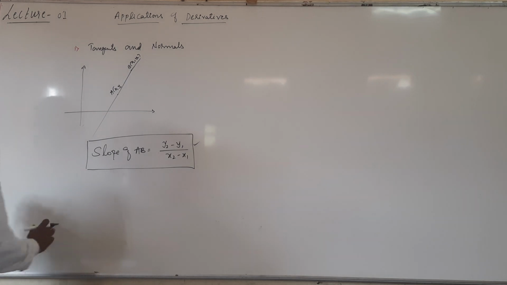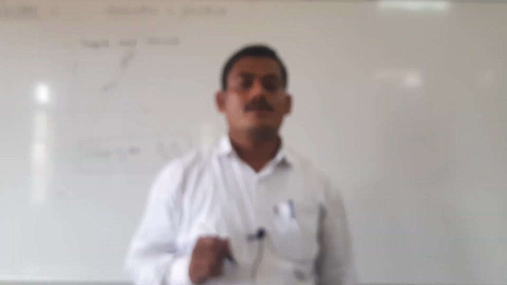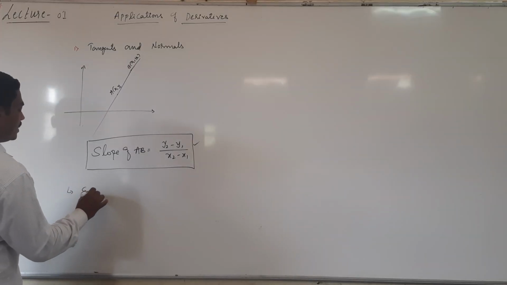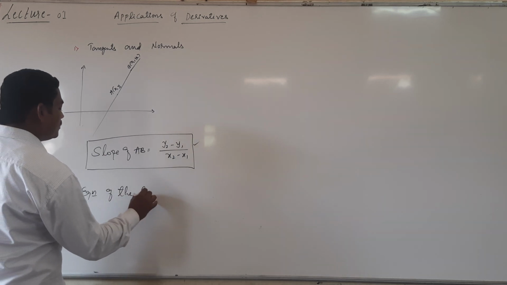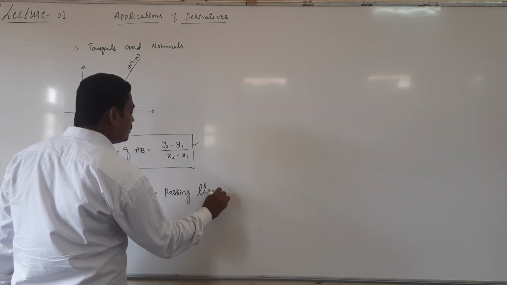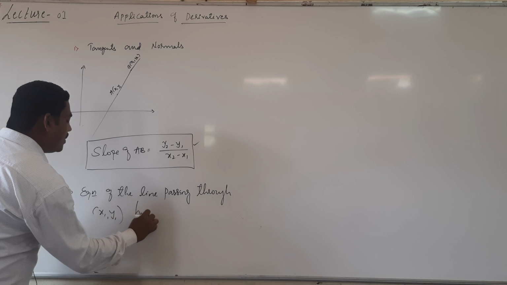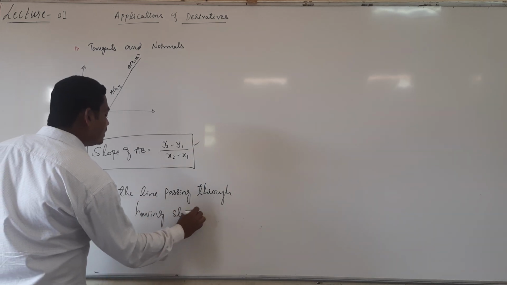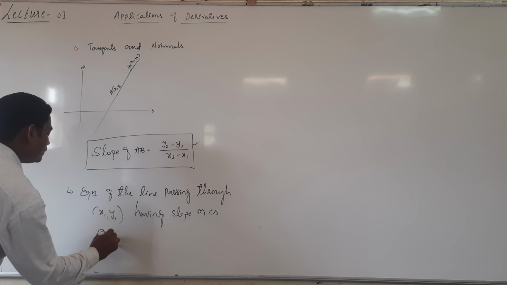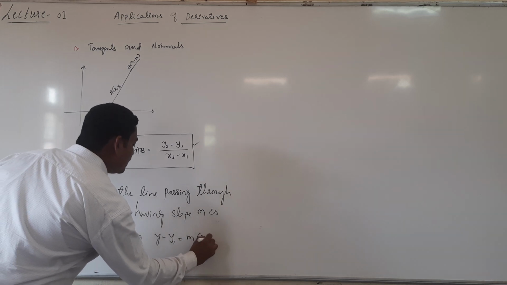Then the equation of the line passing through the point x1, y1 having slope m is given by y minus y1 is equal to m into x minus x1.